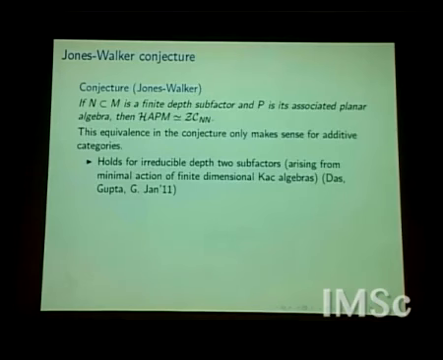Irreducible depth 2 subfactors are basically those subfactors which come from the minimal action of a finite dimensional Kac algebra. It is just a little bit of generalization from the group case. But then what we did is, instead of irreducible depth 2, we asked whether it works without the irreducibility. So, we went to Paramita's thesis and we were trying to play around with the pictures, and it was a really nasty calculation, and it turns out that even without irreducibility the conjecture is true.